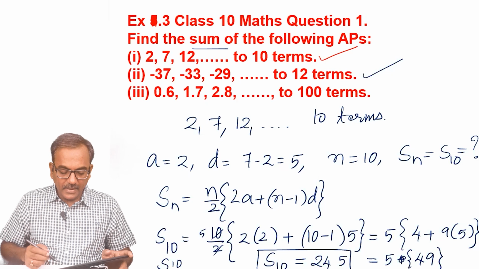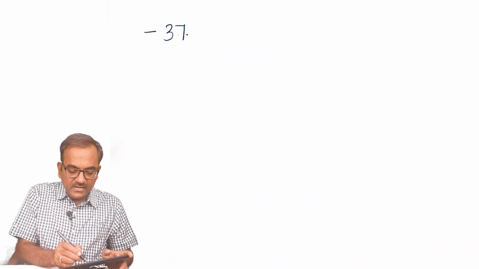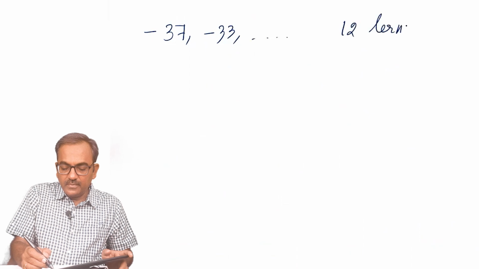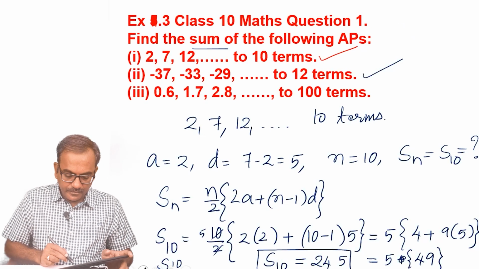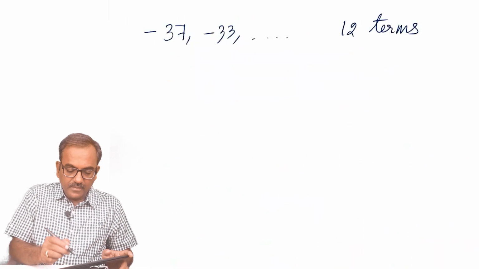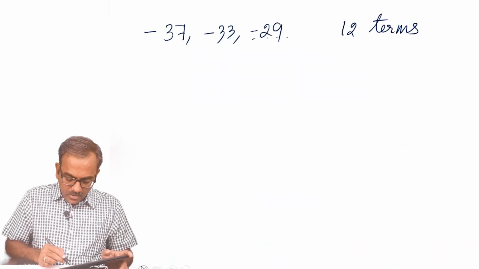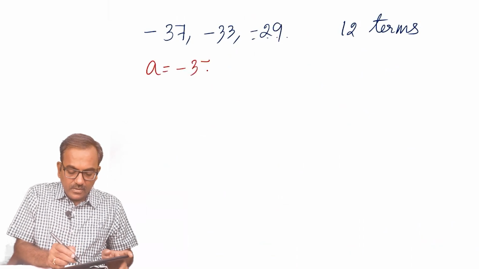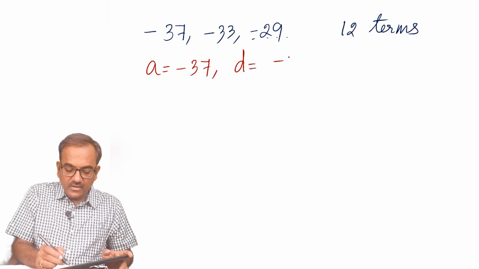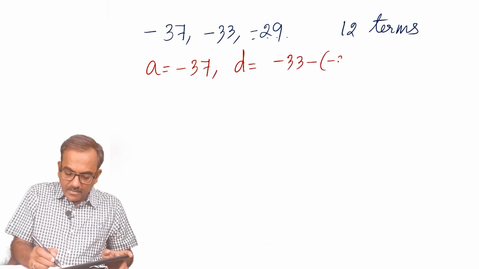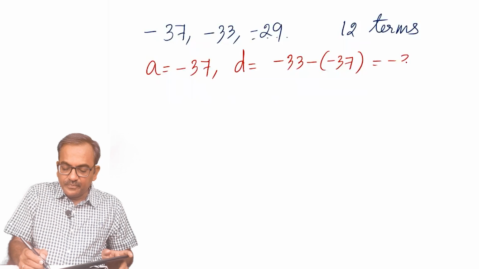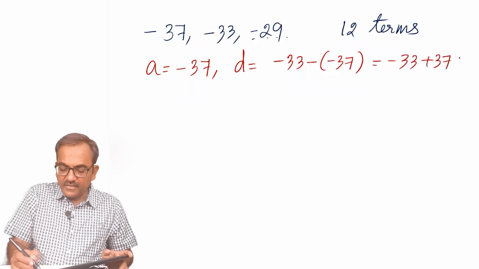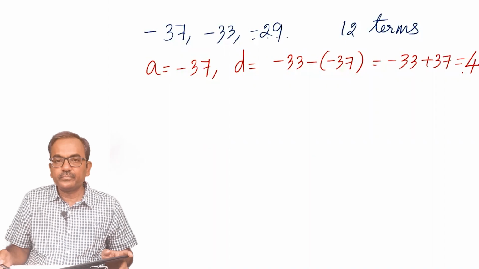Minus 37, minus 33, minus 29, up to 12 terms. Okay, look at the values here. We have a is equal to minus 37, d is equal to minus 33 minus minus 37, that is minus 33 plus 37, which is equal to 4.